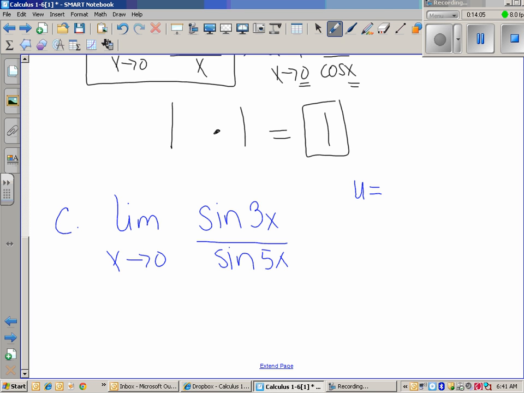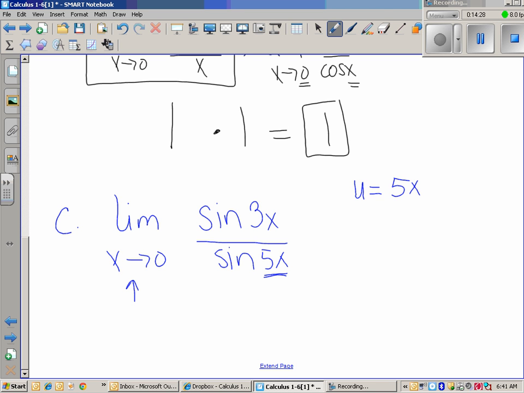So if I let u be equal to 5x, let's try this way first. I can only multiply or divide here. I cannot add or subtract. If I let u be equal to 5x, then that makes it super easy here, right?